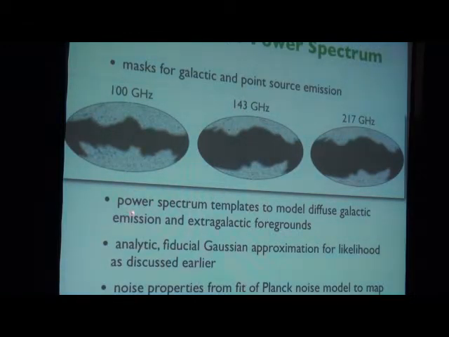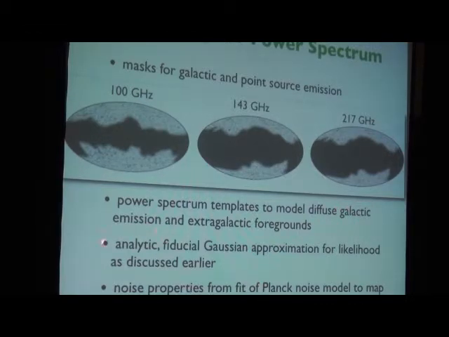In addition, even though you have fairly conservative masks, there's still residual foregrounds at high latitudes, both extragalactic but also diffuse galactic emission that you have to model. If anyone's interested exactly how this was done, I can say more about it, but for now I don't want to bore everyone with this part.